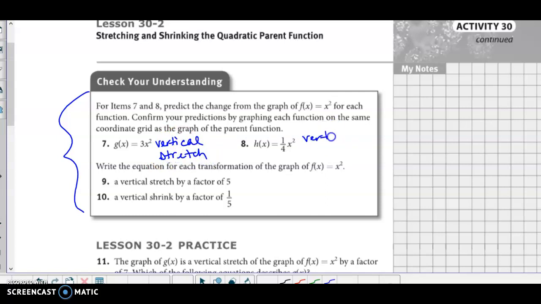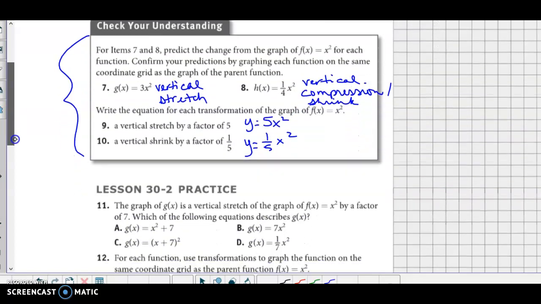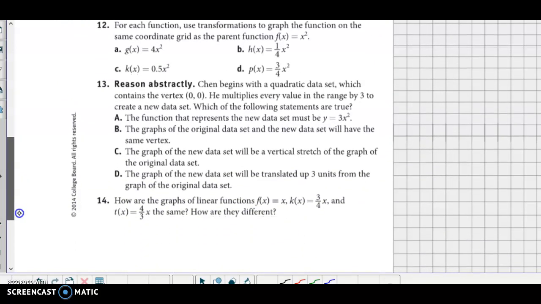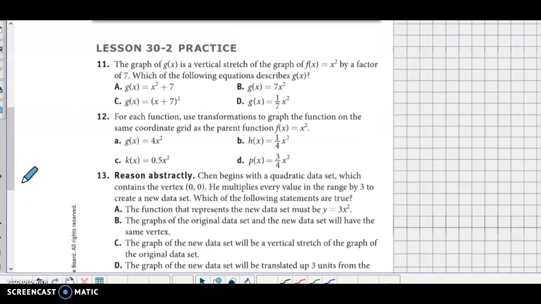This is going to be a vertical compression or a shrink. And then write your equation. So if we have a vertical stretch of 5, we have y equals 5x squared, and a vertical shrink is going to be y equals 1/5 x squared. There's going to be some check for understanding questions. Some of them might be some of these, but please let me know if you have any questions.